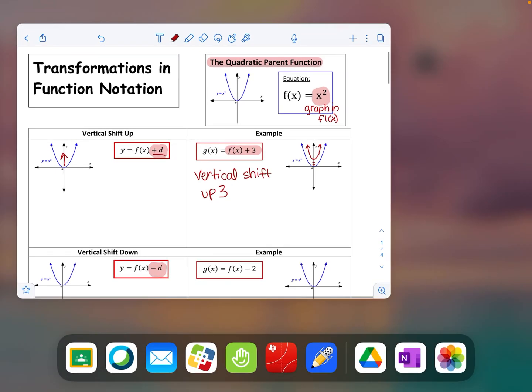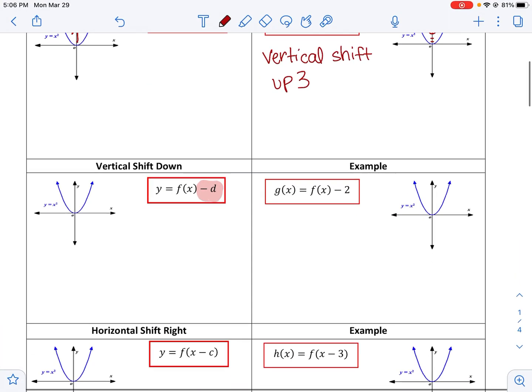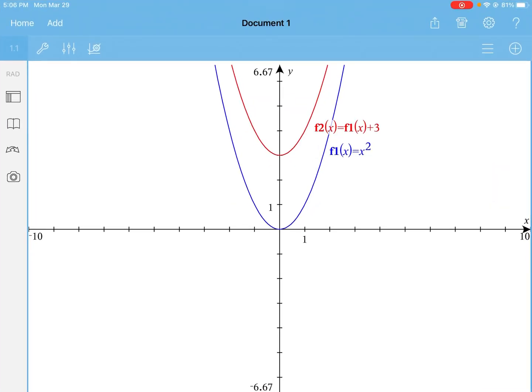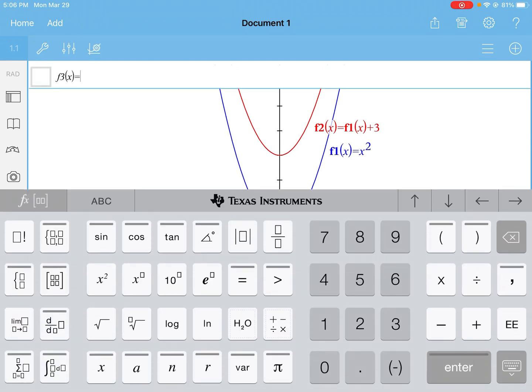Okay, now, whenever there's a minus sign, if a plus sign made it go up, the minus sign is going to take this graph down. So what we're going to do again is change that F2 to be this equation right here. Remember, the only thing that's going to be different is we're going to have a 1 after the F. Okay, so in my calculator, I'm just going to hit tab or this circle with a plus sign, go up.